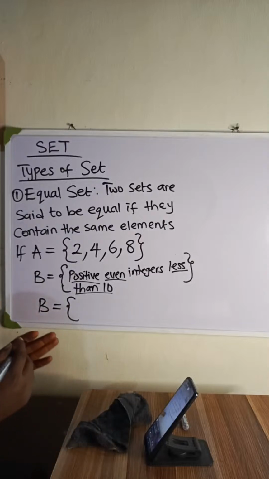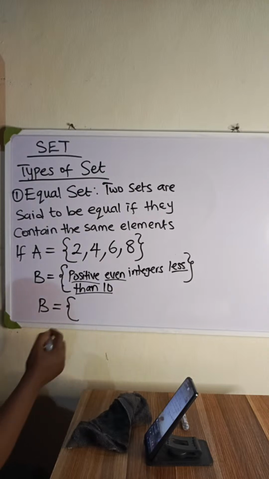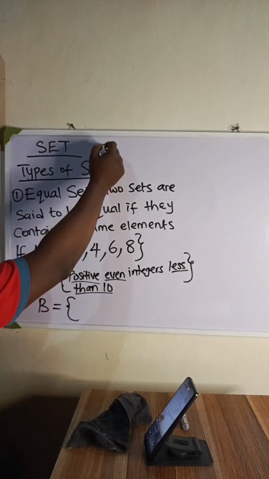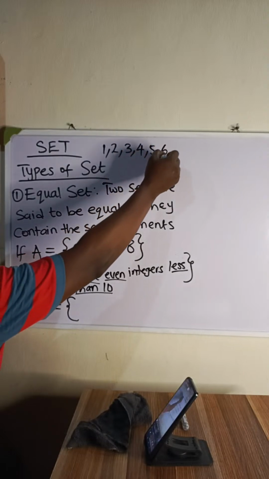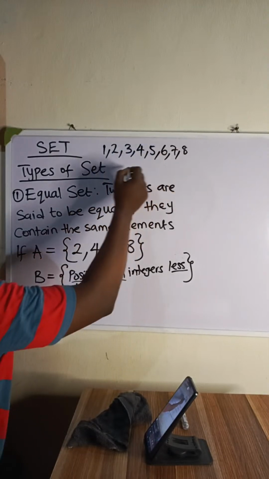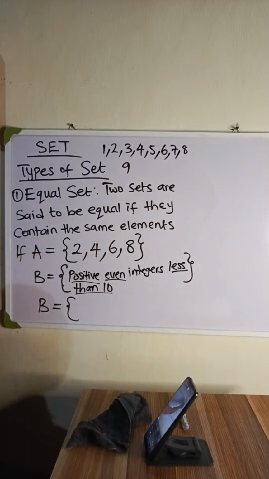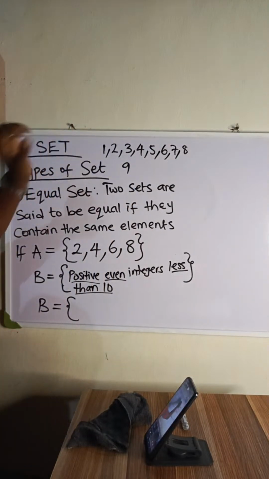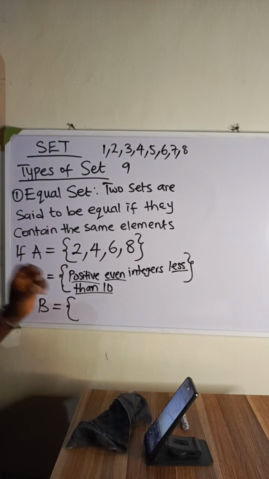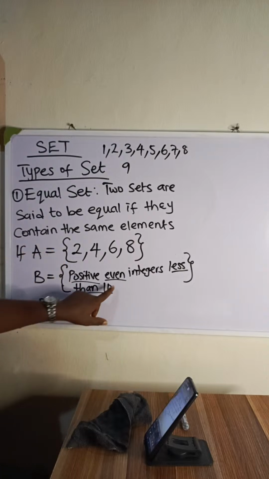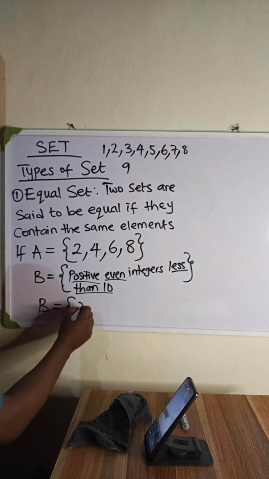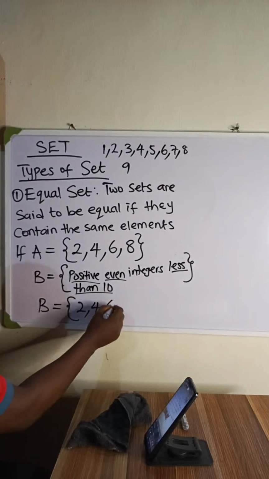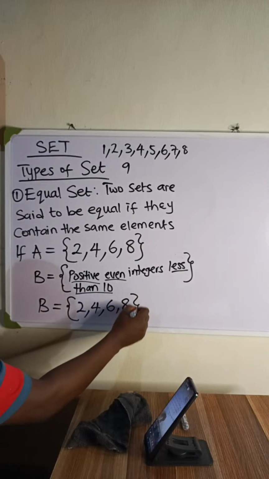First of all, let's write all the integers less than 10. The integers less than 10 are 1, 2, 3, 4, 5, 6, 7, 8, and 9. All these are positive integers less than 10. However, we are looking for the even ones. So that means they're going to be 2, 4, 6, and 8.